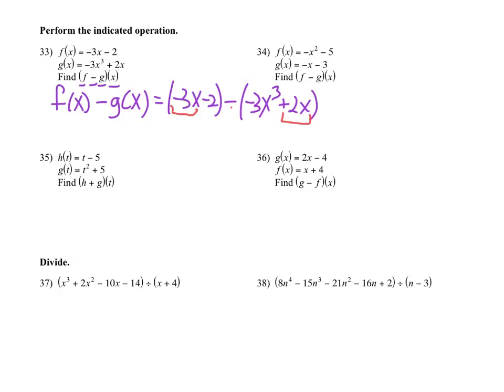Negative 3 minus 2 is negative 5x. We've got a minus 2 with nothing to go with it, so I can just write that. And then minus negative 3x cubed is going to be plus 3x cubed. If you'd like to rearrange that, you could also write this as 3x cubed minus 5x minus 2. But if you're just doing this for a free response type question, you do not need to do that to get full credit.